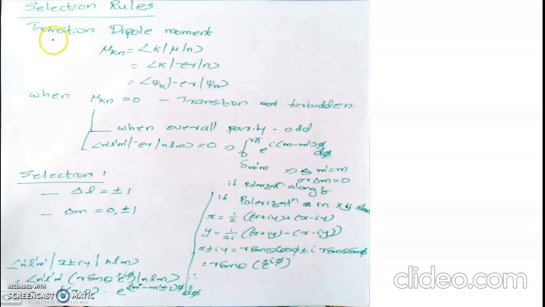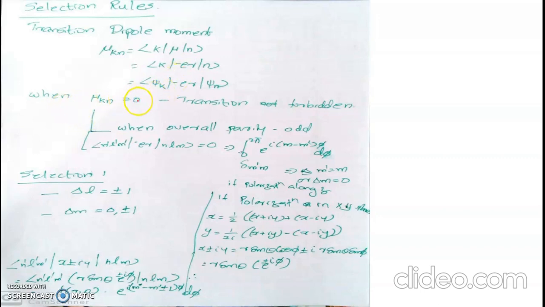The transition is governed by the transition dipole moment given by mu kn equal to the scalar product bra k, mu, ket n, where mu is the dipole moment. I will be writing here the dipole moment as minus Er, where E is the charge of the electron and r is the component of the position vector of the electron along the direction of polarization, or along the direction of the vector potential.